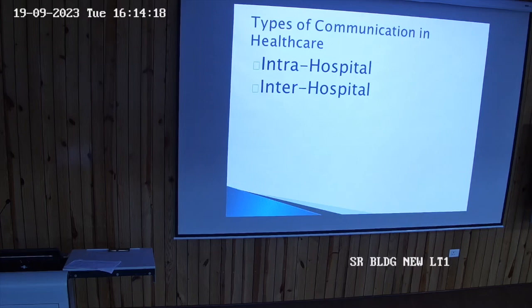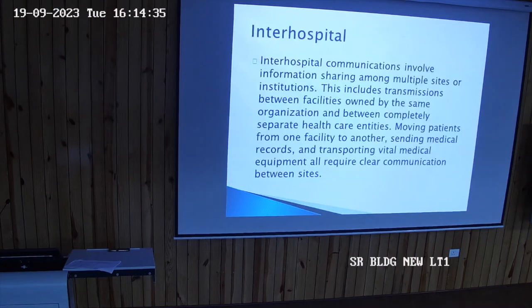There are two types of communication that work within the healthcare sector. First is intra-hospital and second is inter-hospital. All of you would be aware of the terms intra and inter. What are their meanings? Intra means within the hospital and inter means between two hospitals. So inter-hospital communication involves information sharing among multiple sites or institutions.